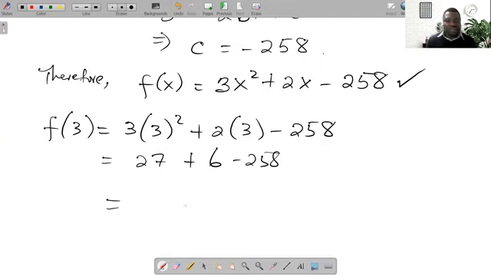When I get all of these together, this is going to give me 33. 33 minus 258 will give me negative 225. And that'll be your result.